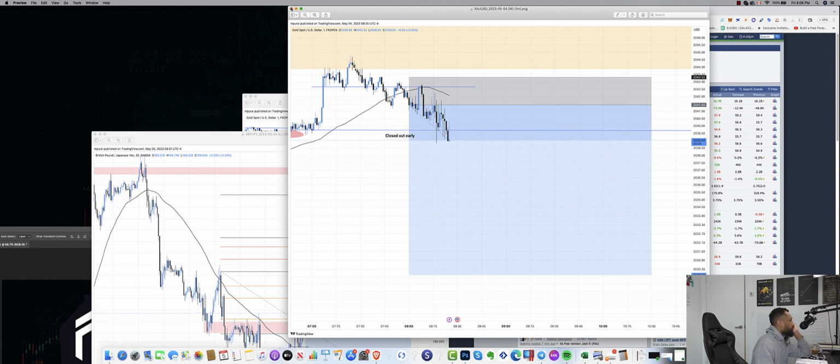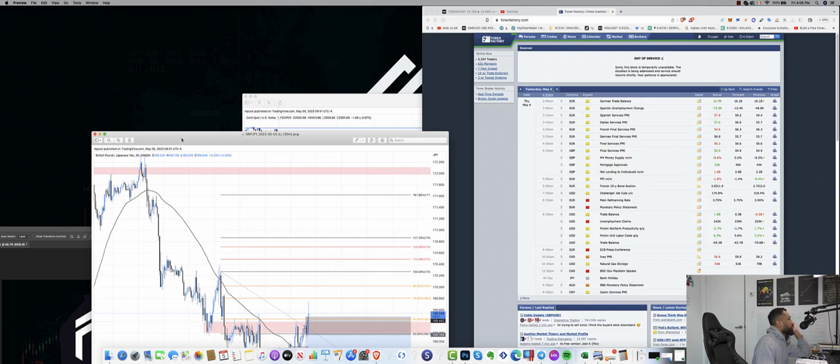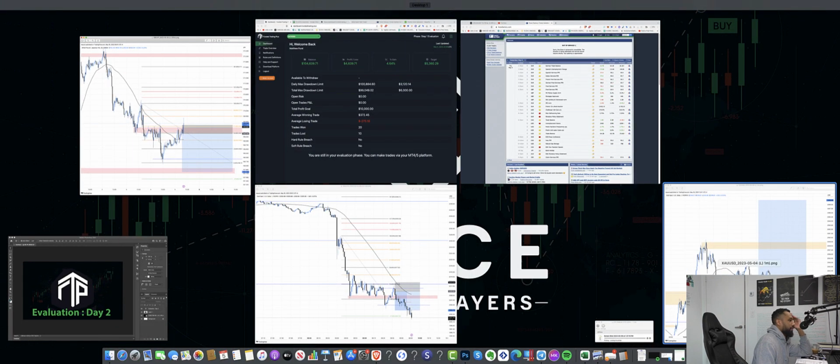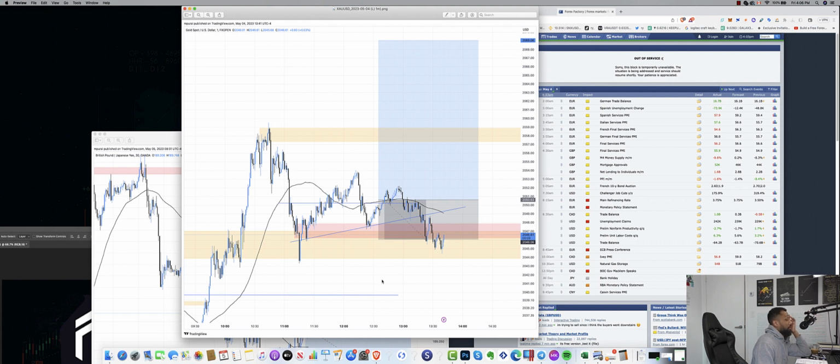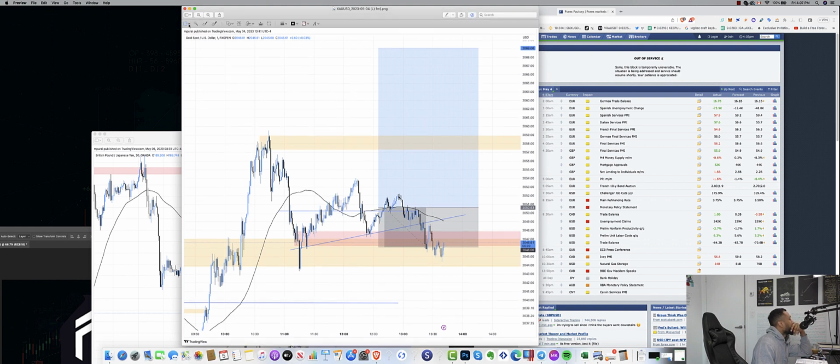So there was that trade, and then we have the last trade, I think, of yesterday. Yes, it was right here. This was not a great trade at all. It was decent. This is on the 1 minute price. We were making lower highs and higher lows, right?